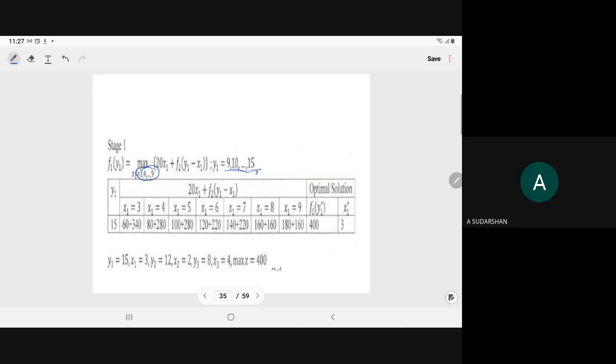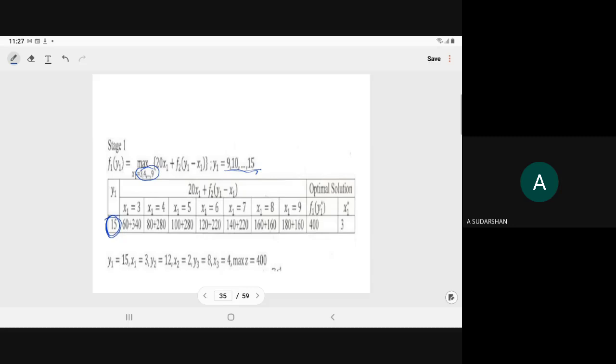So naturally, you always get the optimal solution when you utilize all the space. So instead of showing for all y1s 9, 10, 11, 12, 13, 14, 15, we can just show for 15, whatever the maximum limit.